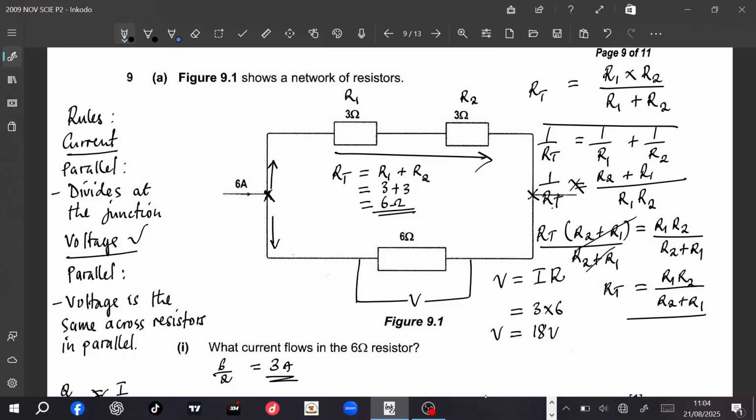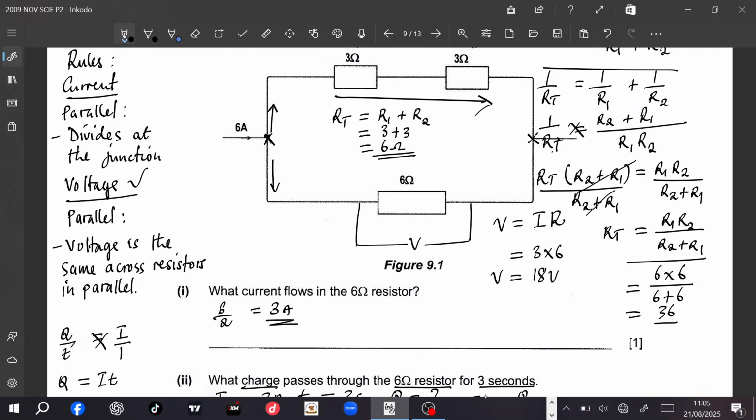So our aim is to find the total resistance. R total equals resistor 1, which is 6, times resistor 2, also 6, over resistor 2 plus resistor 1, 6 plus 6. So we have 6 times 6, 36, over 12. 12 into 36 is 3.